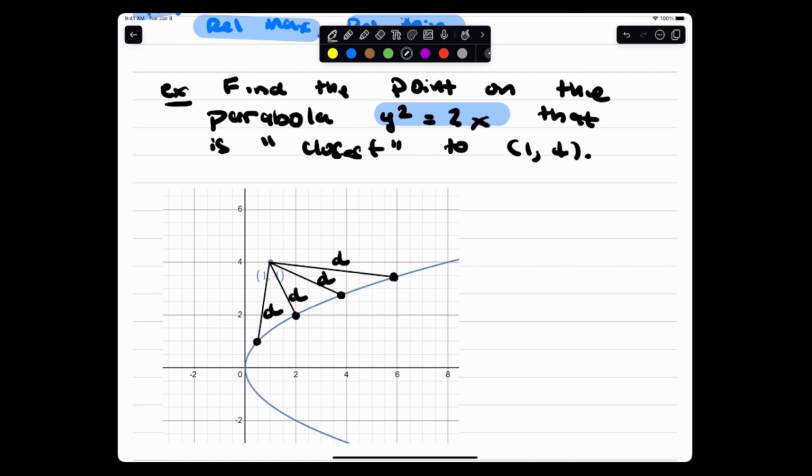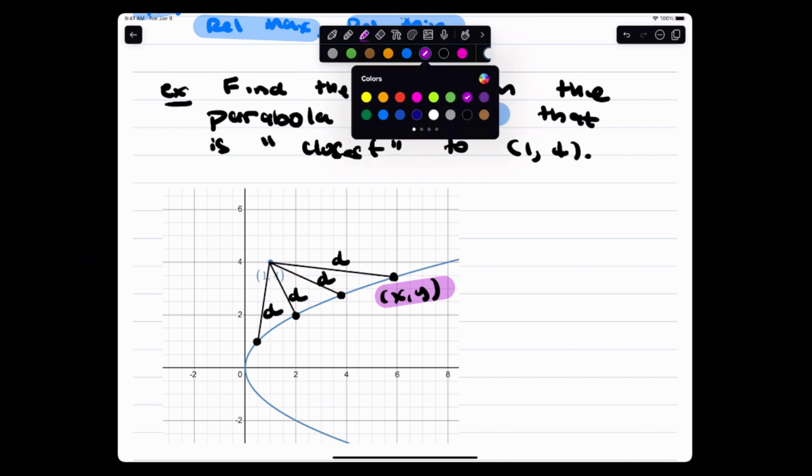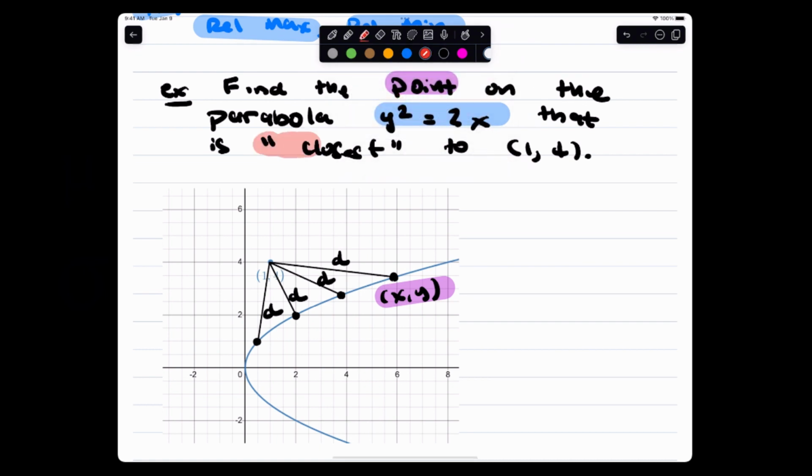And you say, okay, what do they mean by this? Find the point on the curve, the xy coordinates. Okay, so here's an arbitrary point on the curve. They want to say find a point that's closest to this point out in space, 1, 4.